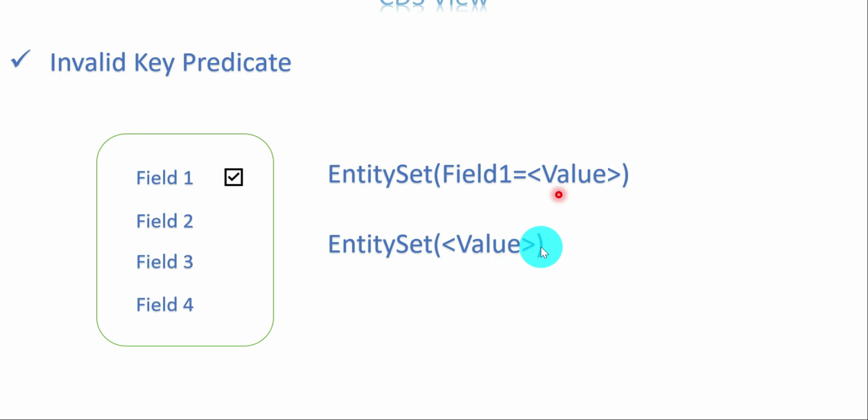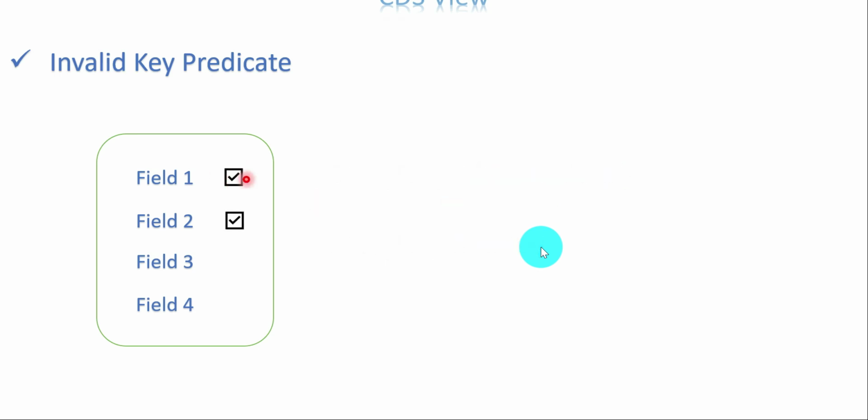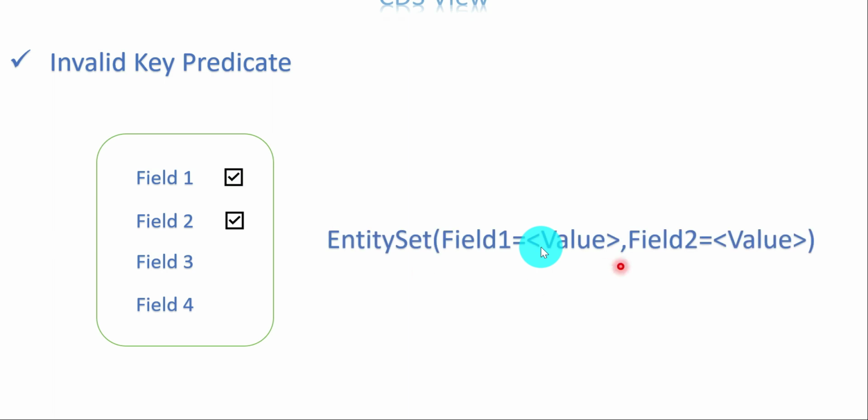This is how you pass a value to the key field when you're using the URI. If there is more than one field, you pass the values separated by comma: entity set, field one equal to its value, and field two equal to its value. This is a very simple way to avoid this invalid key predicate issue.